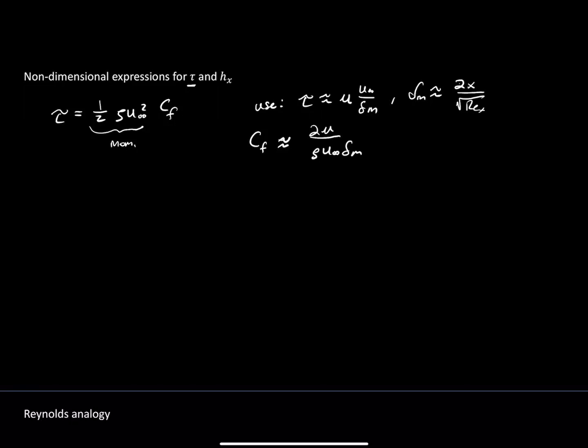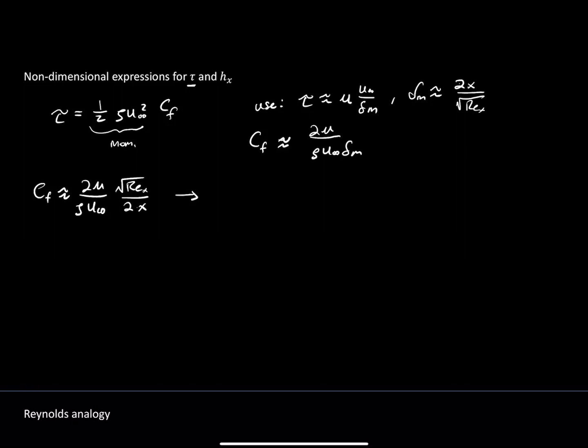Okay, so with this, we can go back and combine these equations, or combine this model, and we're going to say CF is approximately equal to 2 mu over rho u infinity. Now we have to add in this delta m part of it. So delta m was 2x over square root of Reynolds, so this is square root of Reynolds x over 2x.